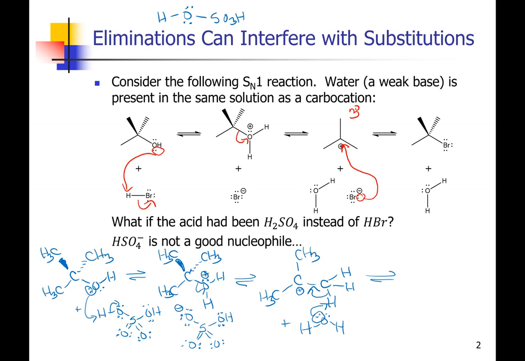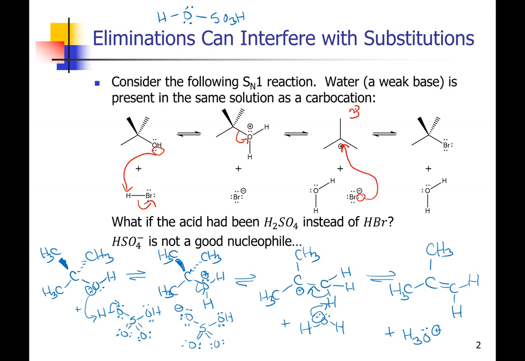That will give us a double bond where we just removed the hydrogen from. And then these two methyl groups are still here. And of course, we have generated H3O plus as well.